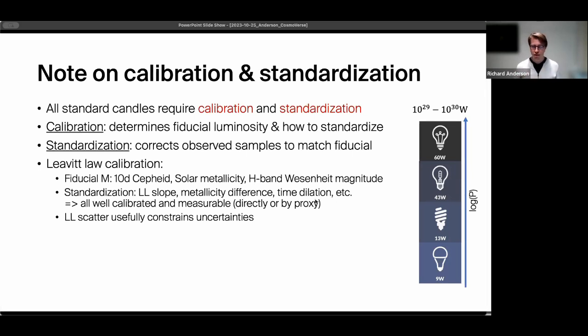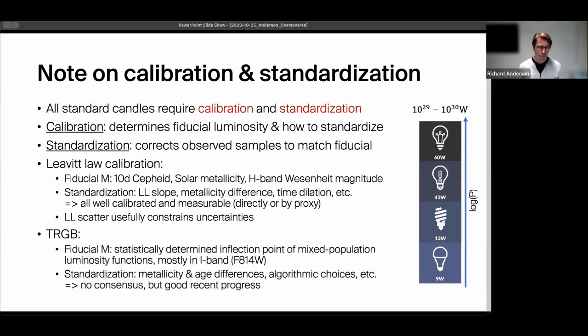You can introduce corrections for time dilation and so on. And the really important thing is that all of these things are well calibrated and they're measurable either directly or by proxy. So this is really very powerful for the Cepheids. And furthermore, the scatter of the Leavitt law usefully constrains the uncertainties because every star individually is a standard candle.